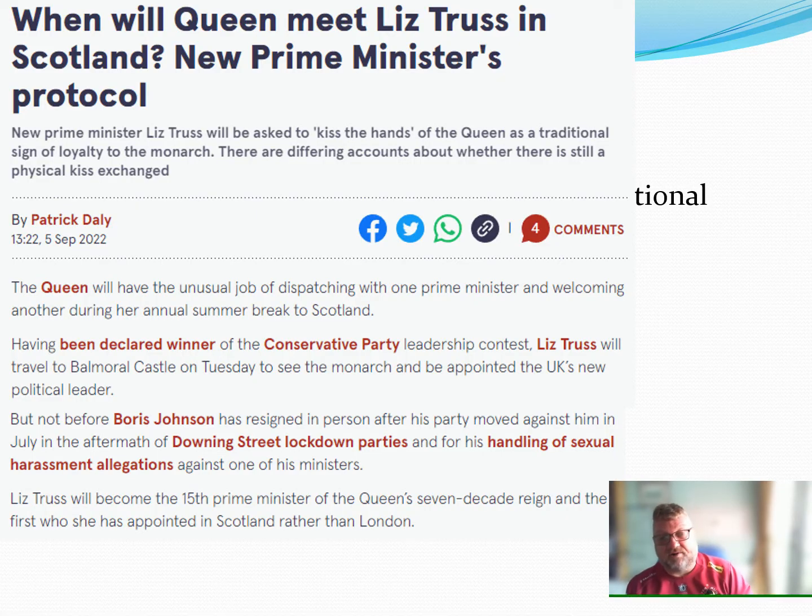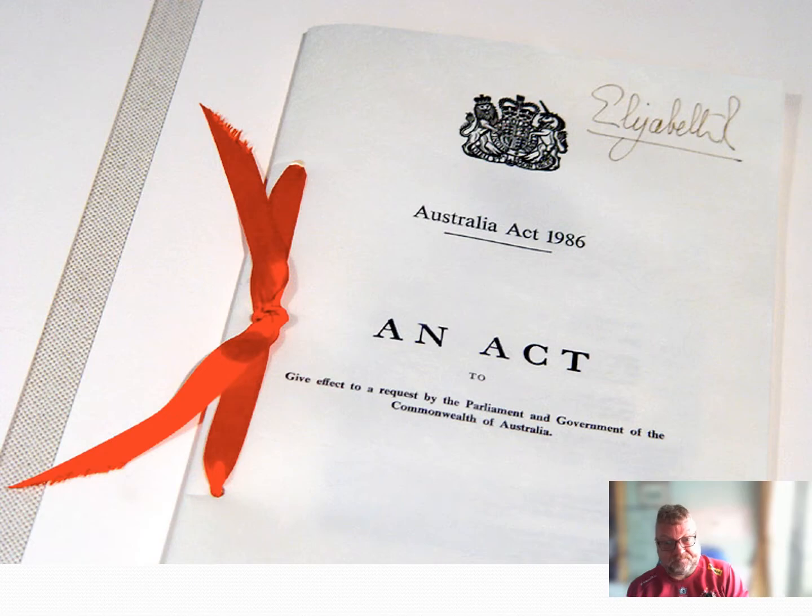So that is the role of the Queen, to sign off the laws and to appoint and accept the resignation of the country's Prime Minister.